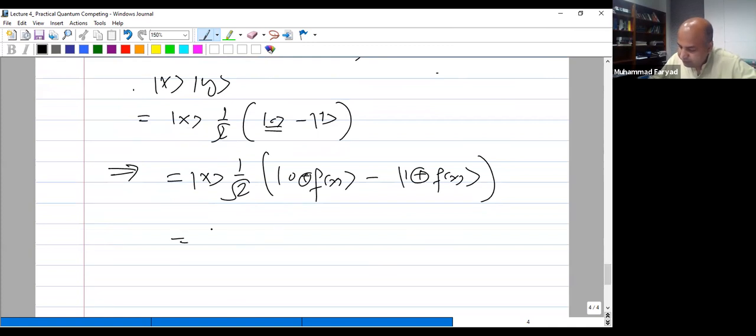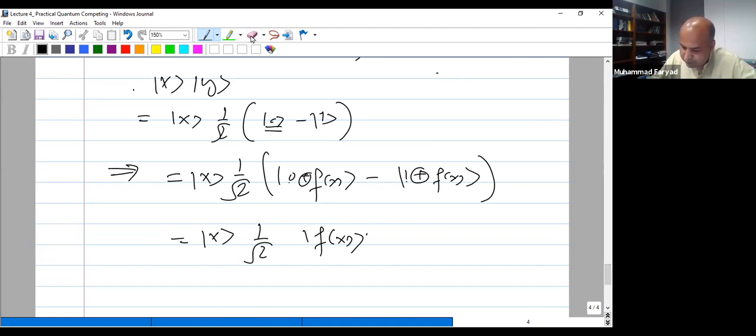So I can further write it like this: x times 1 over root 2, and this 0 plus f of x is nothing but f of x, and this 1 plus f of x is going to be minus 1.